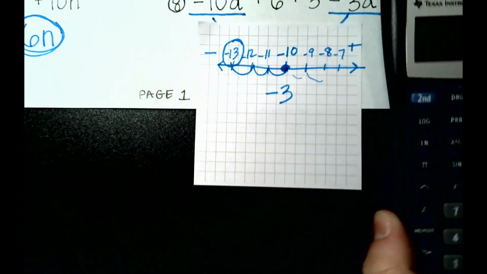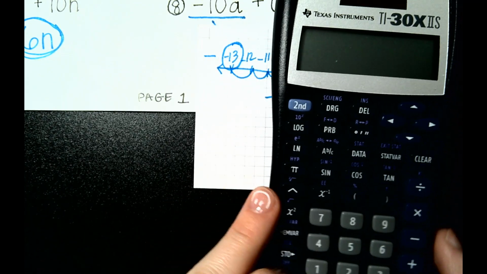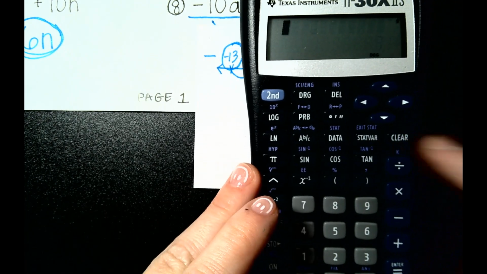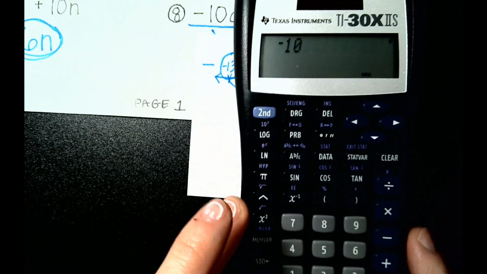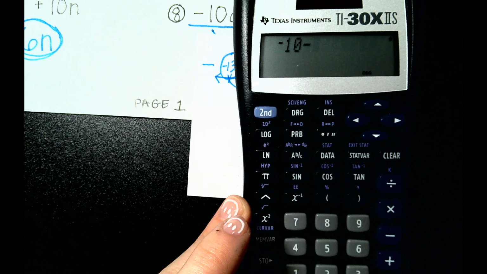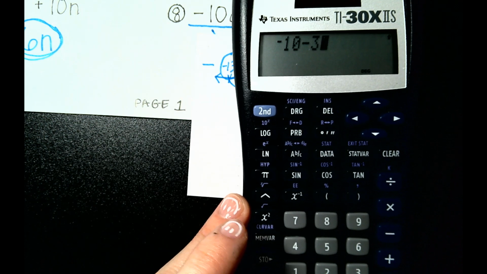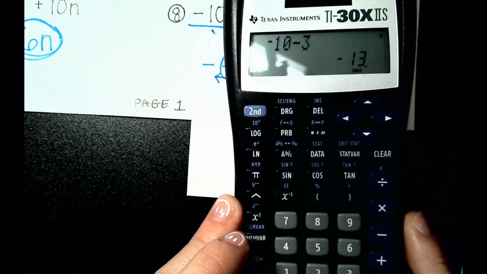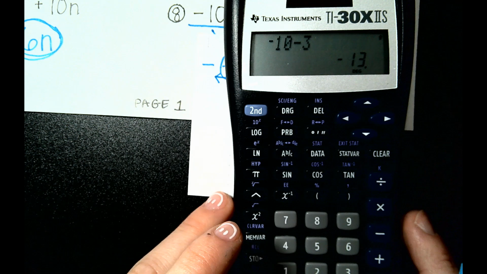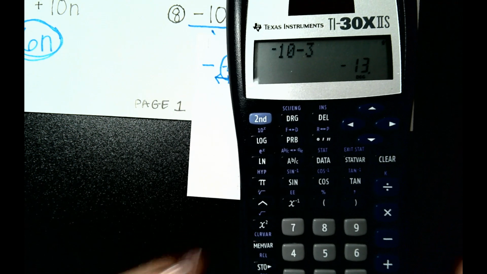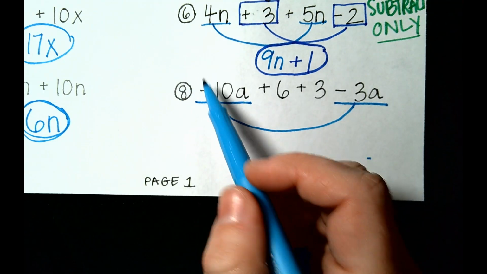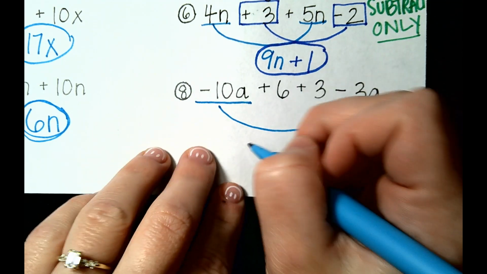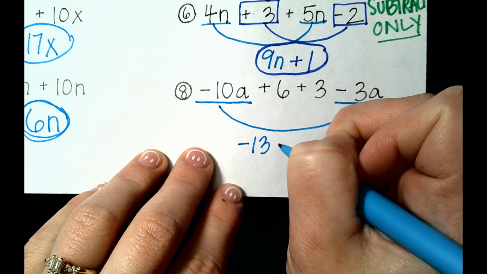You can also type that on your calculator: negative 10 minus 3, and we'll get negative 13. Did you get the same thing? Perfect. So negative 10a minus 3a is negative 13a.